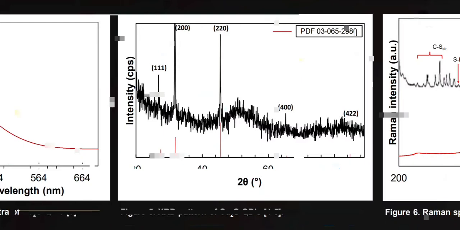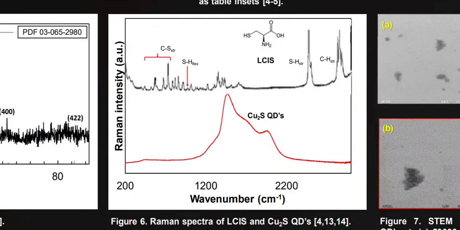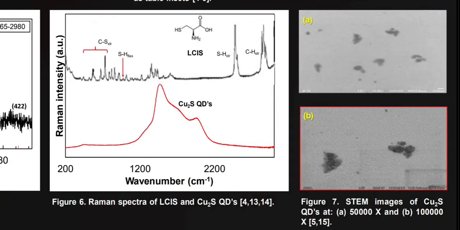These peaks are wide and intense due to the high fluorescence of the quantum dots, a response that dominates over the other signals that should appear, like the stretching modes of the sulfur-hydrogen bond and carbon-sulfur bonds. Here we can see the previously mentioned observations about the Raman spectra.